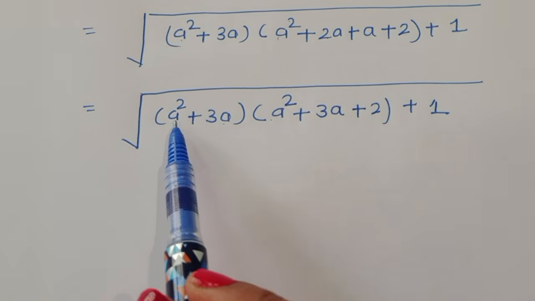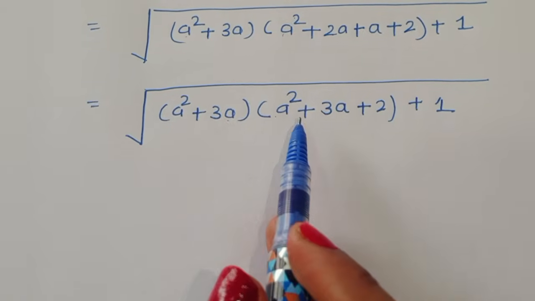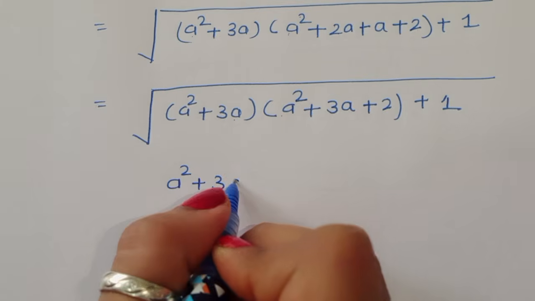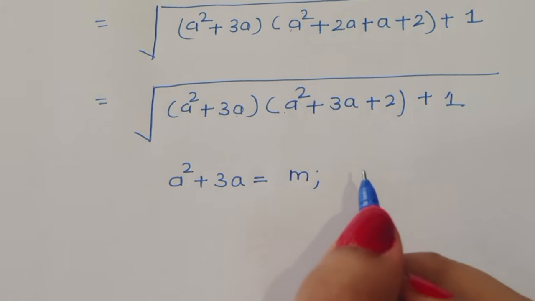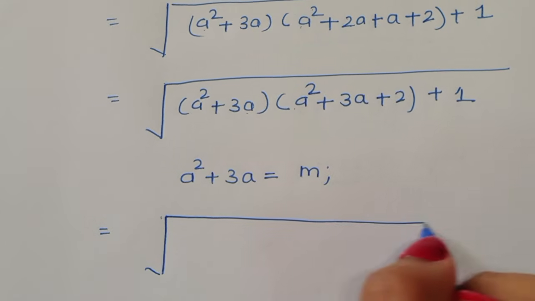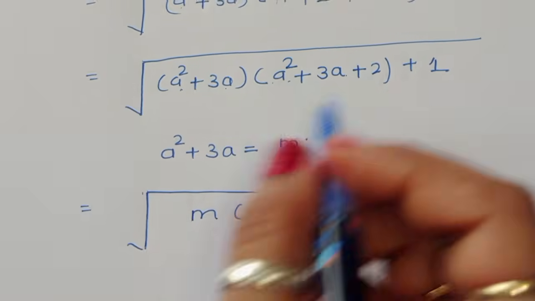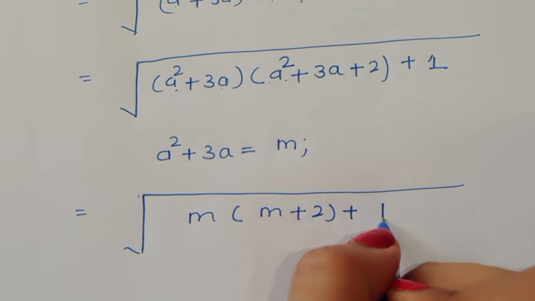So it is common here, right? So we can consider A square plus 3A is equal to M. We can write this as M times M plus 2, plus 1, right?